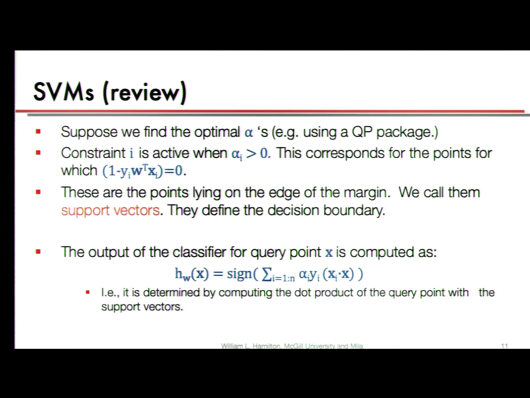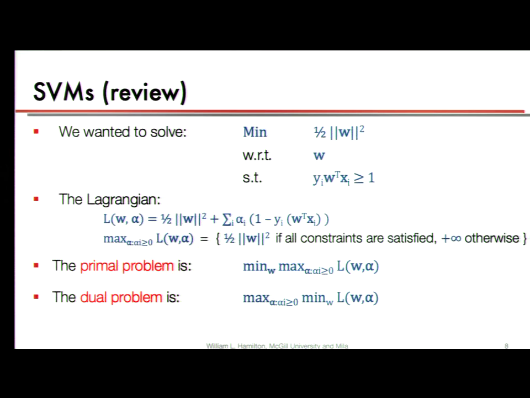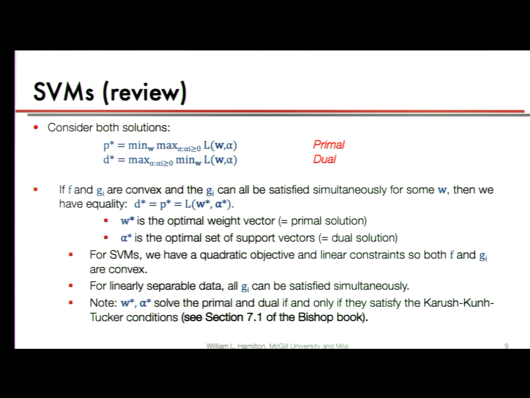If we go back to our constrained optimization problem, we're trying to find the best margin so that we can classify all of our data points where they're all at least that margin away from the decision boundary. But we can't satisfy all these constraints if our data is not linearly separable. So I said you can just throw this into a constrained optimization solver, but it's really only going to give you an answer if your data is truly linearly separable.